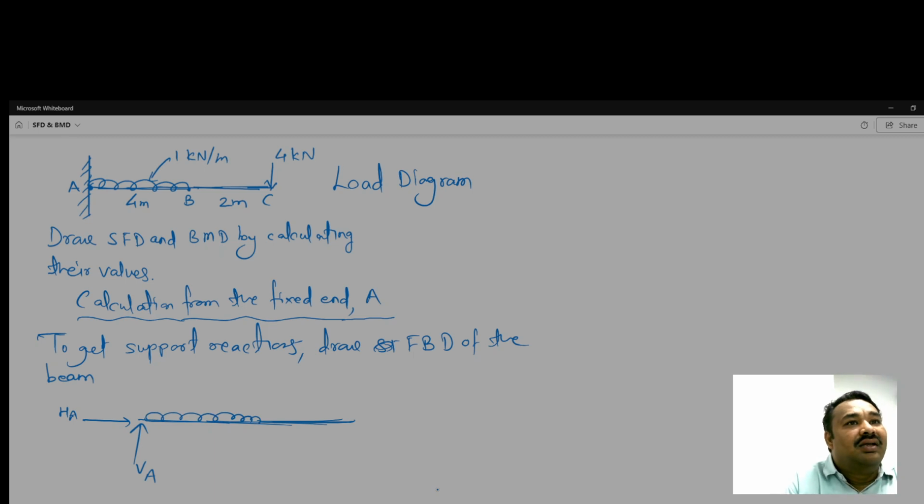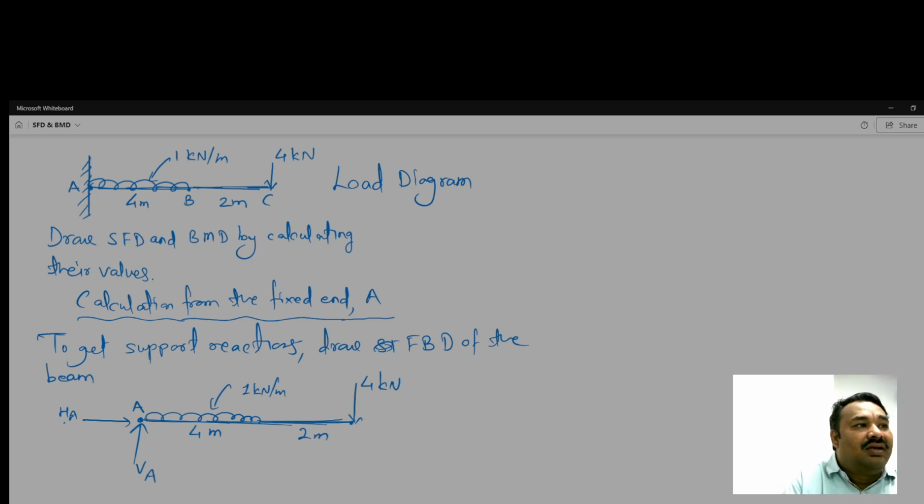तो हमें क्या करना है, जब भी FBD बनाएंगे सपोर्ट रिएक्शंस को हटा के उसके बदले में जो भी रिएक्शंस हैं वो शो करने हैं. Okay, so this is of 1 kilonewton per meter, and at the joint C it is 4 kilonewton, and this is of 4 meter, it is of 2 meter. And at the end A, the fixed joint, how many reactions? 3 reactions.